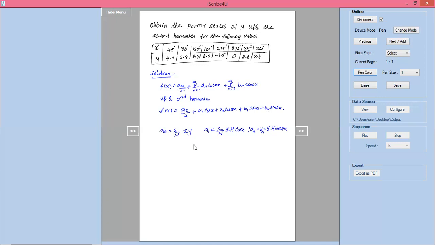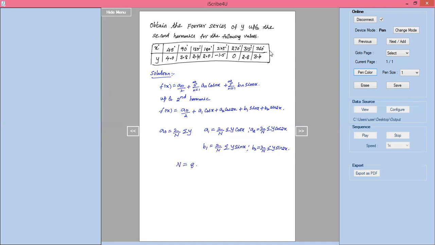Next one should be b1 equal to 2 by n into summation of y sin x. b2 equal to 2 by n into summation of y sin 2x. These are all the formulas. What is the value of n? We know that here n equal to how many values they are given. So the 0 value and 360 value should not repeat. Here 0 value they have not given. So I will take 1, 2, 3, 4, 5, 6, 7, 8. So total value should be n equal to 8.